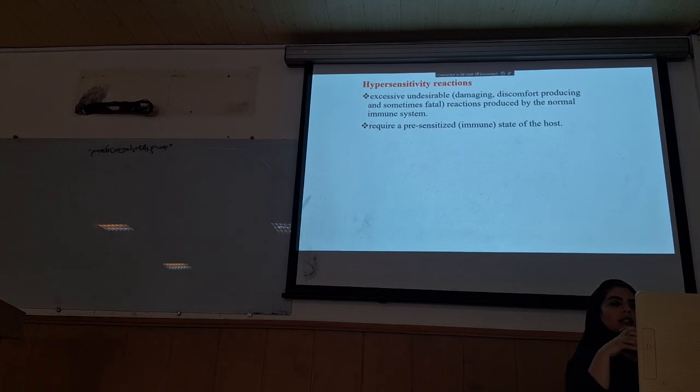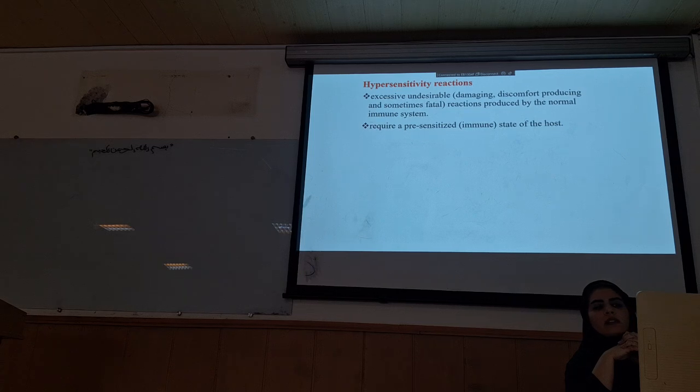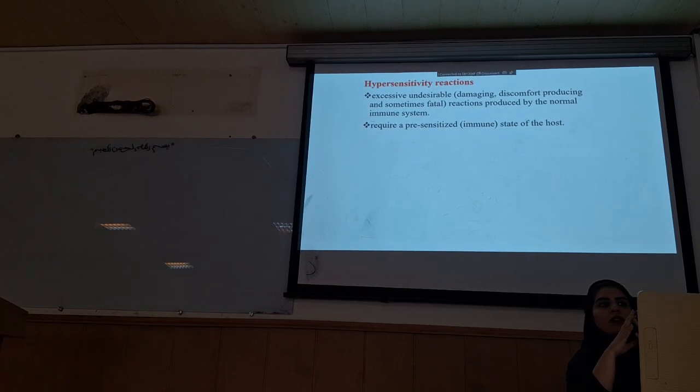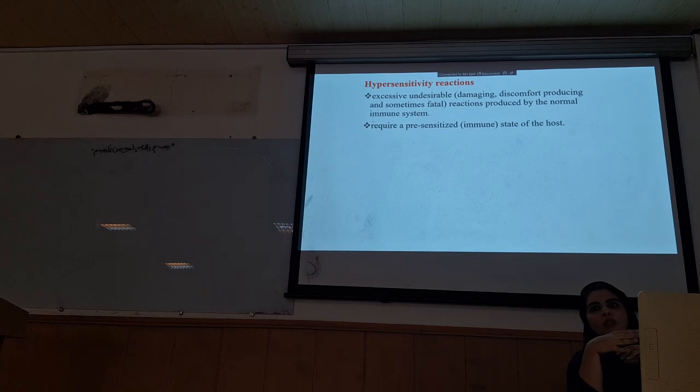All hypersensitivity reactions require a presensitized state. You will need a first exposure, and in the first exposure, the person may not have any symptom. The symptom may begin from the second or subsequent exposure.